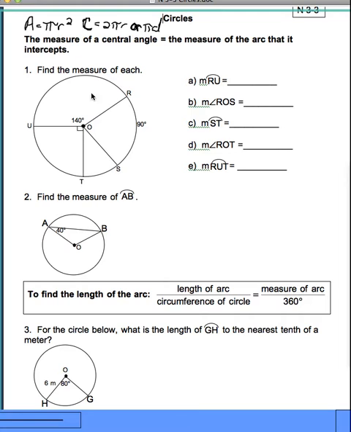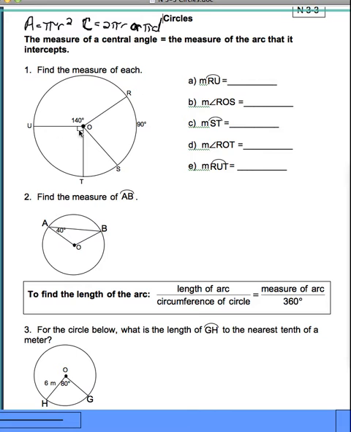Now, if you remember, the measure of the central angle equals the measure of the arc that it intercepts. A central angle is any angle that has a vertex here at the center of the circle. Each of these, RO, UO, OT, and OS, are radii, so all of these have angles with a vertex at the center.